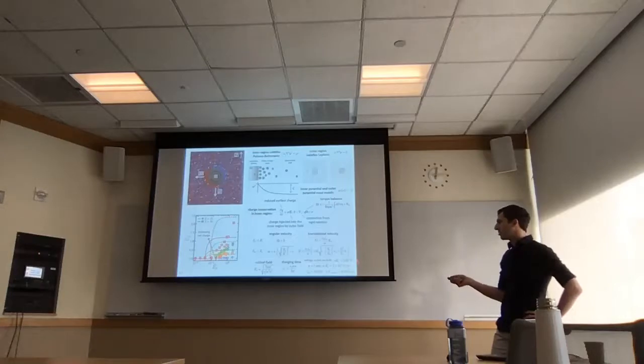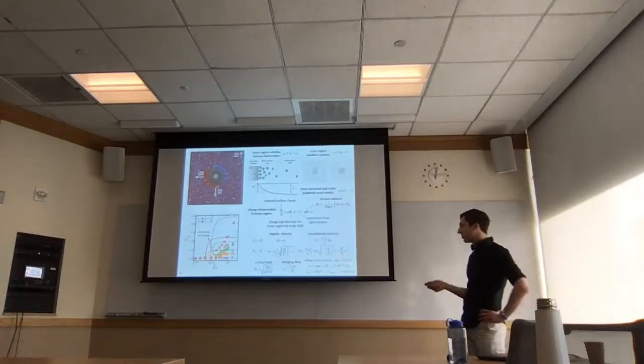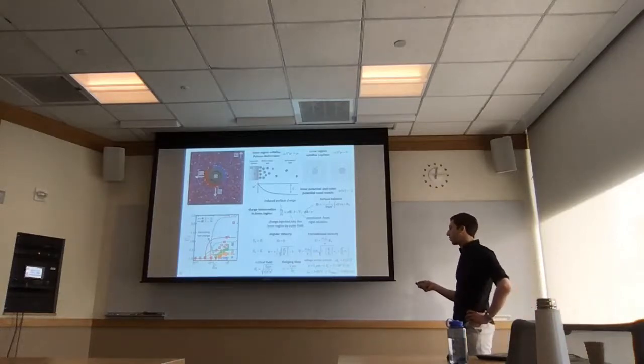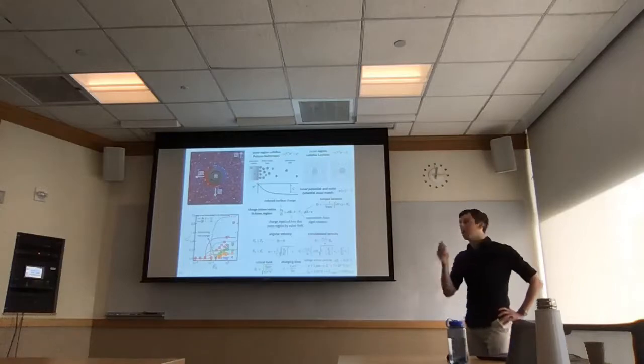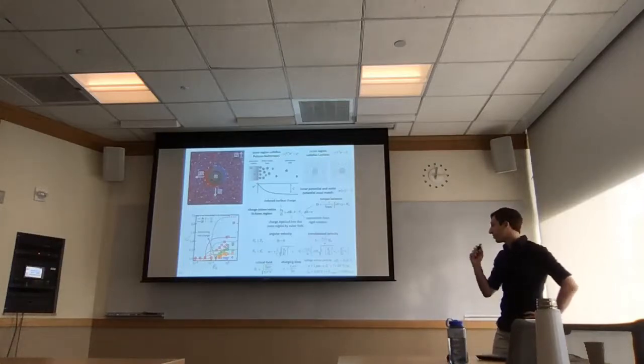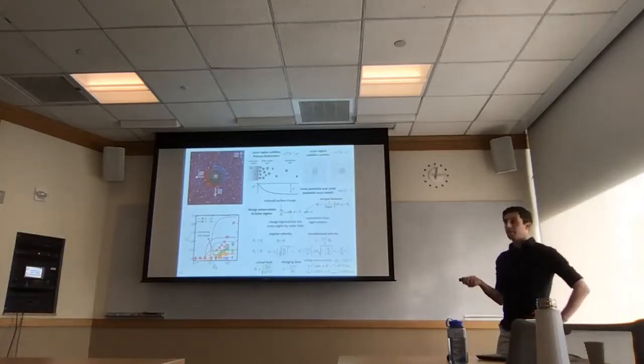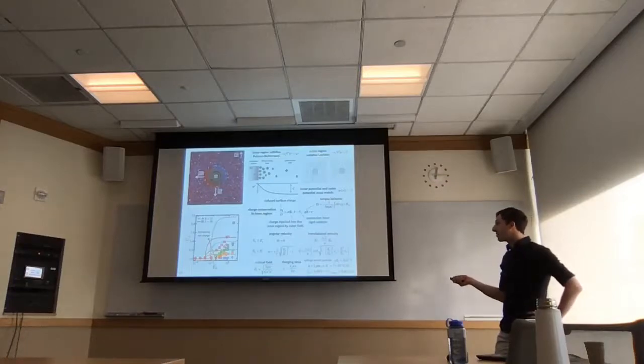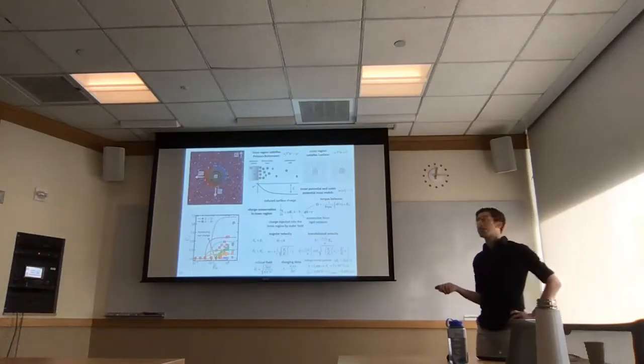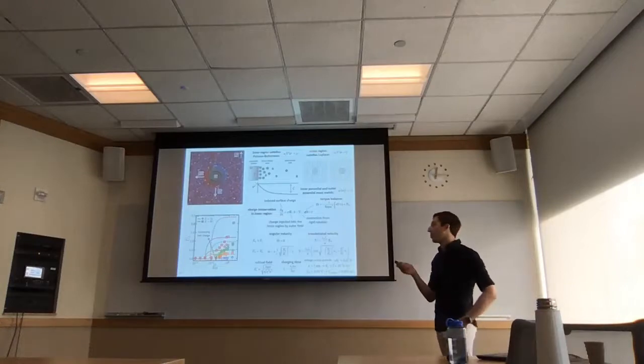So we can interpret this critical field as a voltage drop across the particle. This occurs when that's about 70 millivolts. So that means for a 1 micron particle, the critical field is about 700 volts per centimeter. For a particle with a net charge of about 50 millivolts, this means that the Magnus velocity is on the order of millimeters per second, which is really fast for particles of this size.